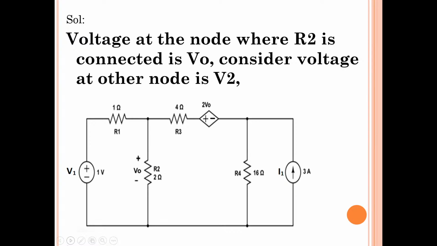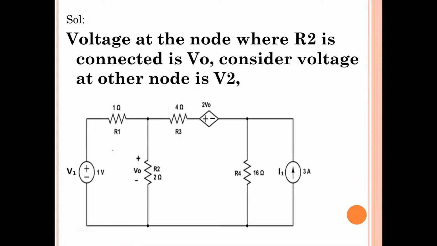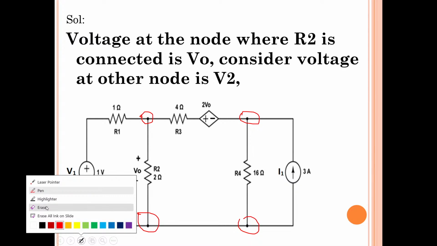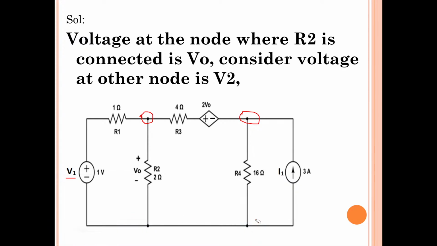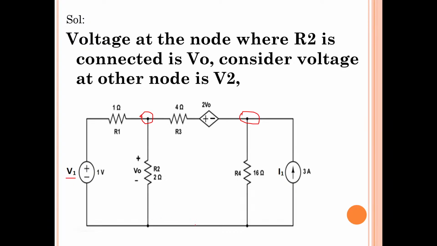Here let us assume some node voltages. The source voltage they have mentioned is V1. So how many nodes are there? This is one node, this is one node, this is one node, and this is one node. Since no element is there at the bottom, we will treat those two nodes as a single node. So total 3 nodes are there.